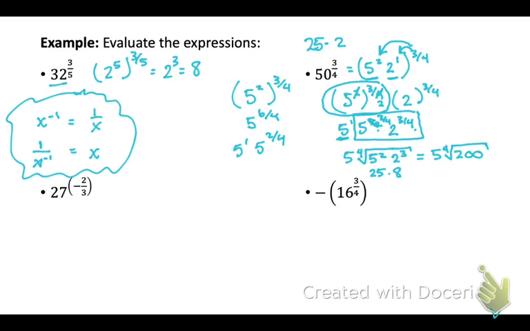So the answer instead of 8 would be what? 1/8. That's it. So it's 1 over, because of the negative exponent, now it's gone. Okay? 27. What's that? 9 times 3. So keep 3 to the 3rd, 2 to the 2/3.